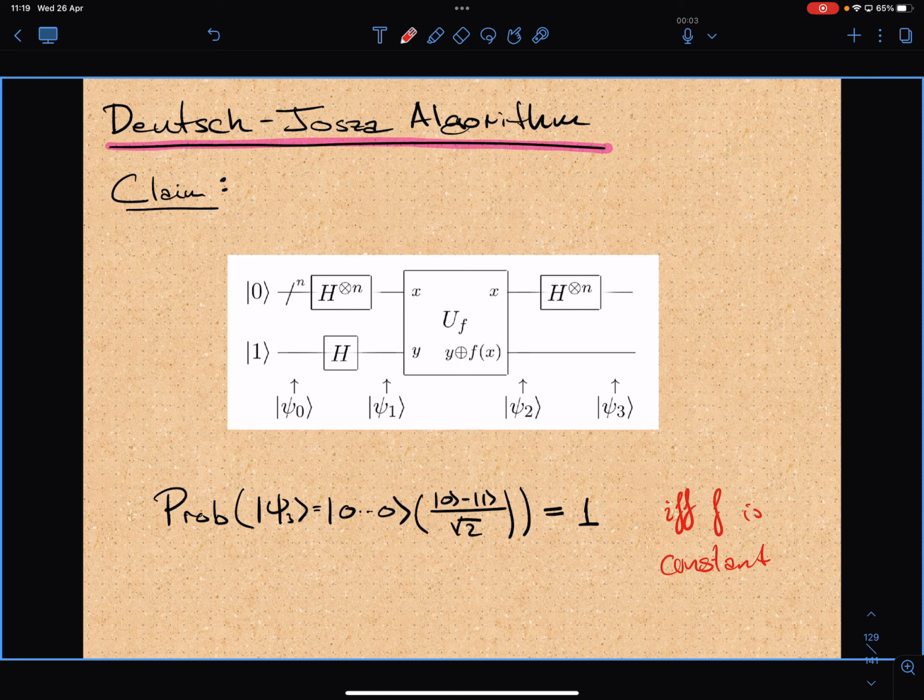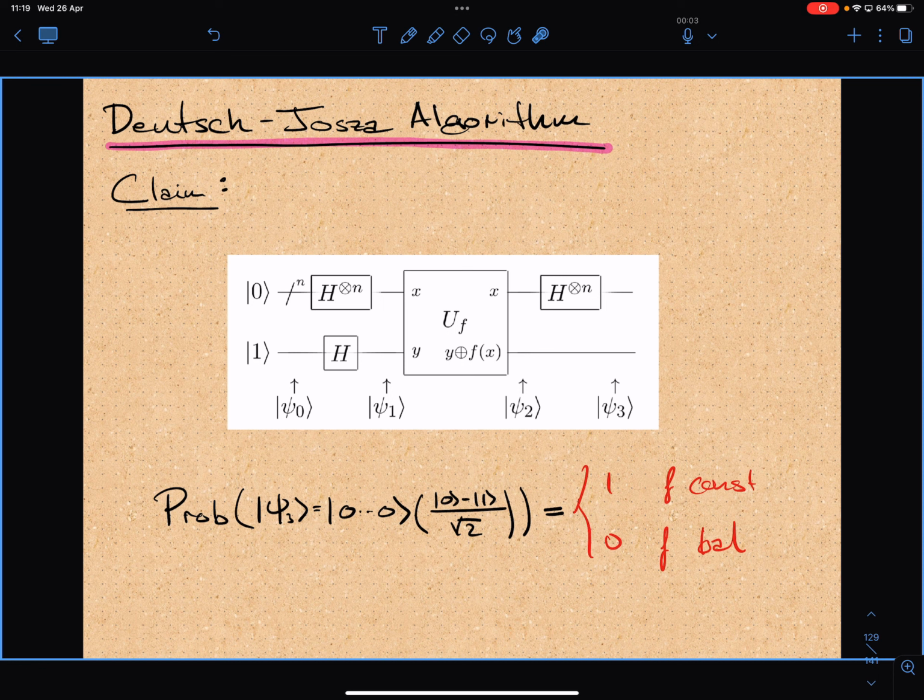Let's double check that when we go through the proof, but I think it's going to be 1 or 0, for f constant and f balanced. This is the claim. This is going to give you the answer, and it's fewer steps.